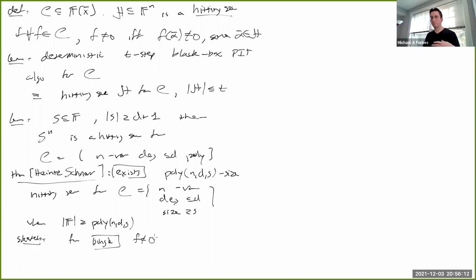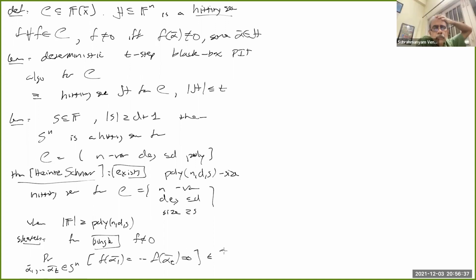What happens if we take many random points? Well, from the Schwartz-Zippel Lemma, we know that if we take alpha 1 up to alpha t in some cube where the cube is suitably large, maybe s greater than 2d, then the probability that all of these evaluations are 0 is at most (d over s) to the t, right?